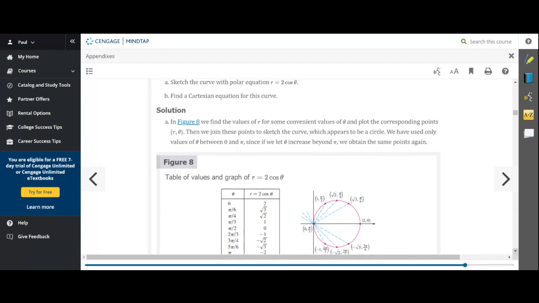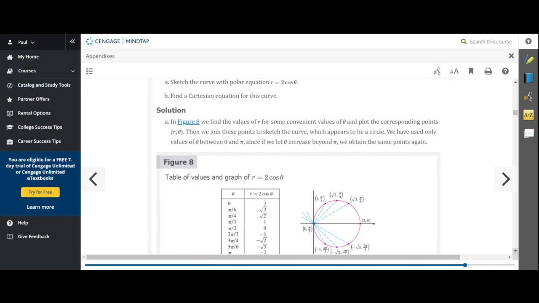So in this example, they make a table. This example is not as easy as the previous 2 examples. Whenever you first started learning about graphing functions, y equals a function of x, like if you had to graph y equals x squared, what did you do?